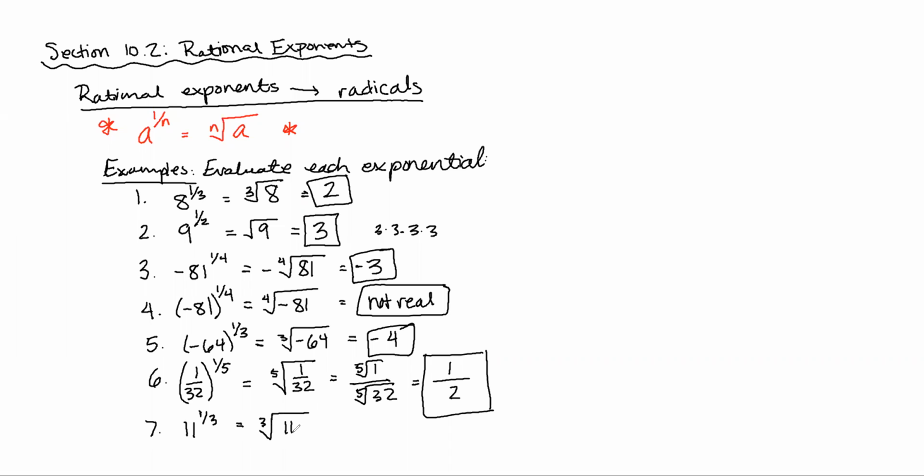And now 11 is prime, so there are no numbers that you can multiply 3 times to get 11. If you went through 2 times 2 times 2, that gives you 8. 3 times 3 times 3 gives you 27, and we just kind of skip over 11. So we cannot get 11 by cubing a number, and so this one actually can't be simplified any further. So we're just going to leave it like this.